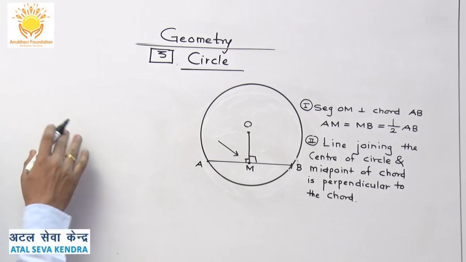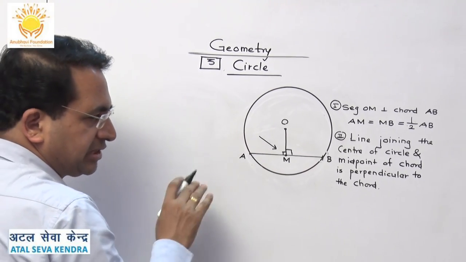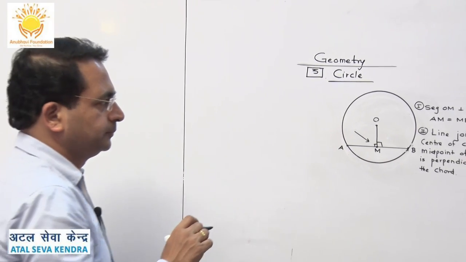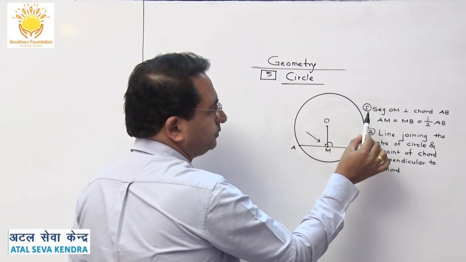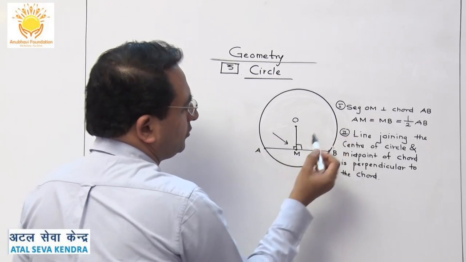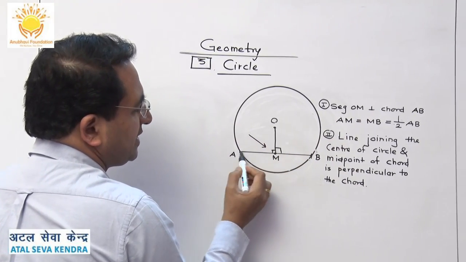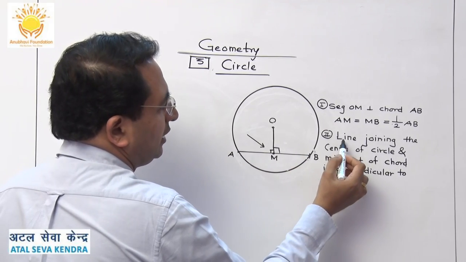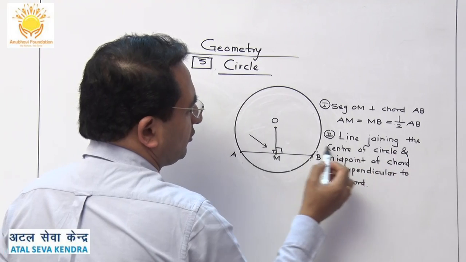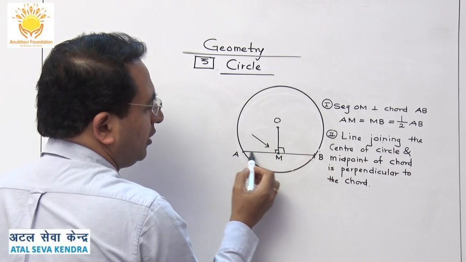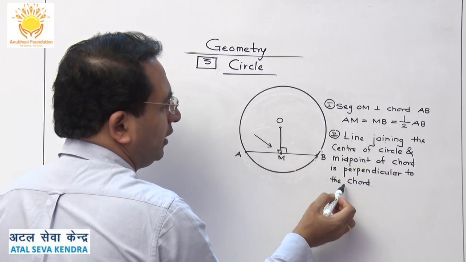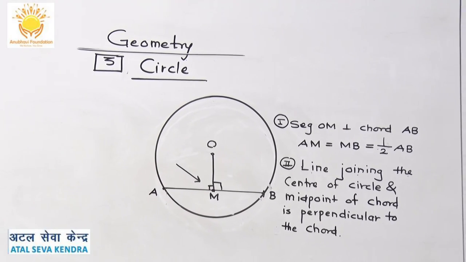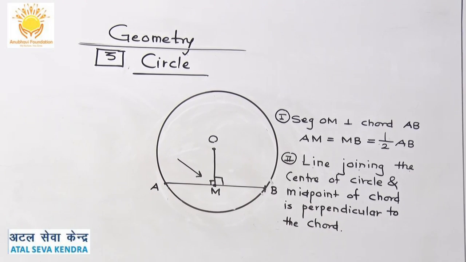Actually, while doing some questions in the circle topic, we require the help of these theorems. Again I repeat, perpendicular from the center on the chord bisects the chord. And one more thing, line joining the center of the circle and midpoint of the chord is perpendicular to that chord. That is the converse of this. I hope this is very clear to you.